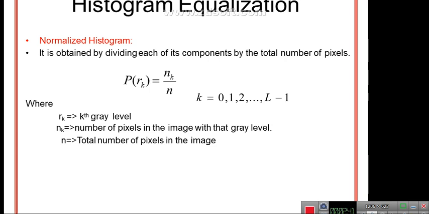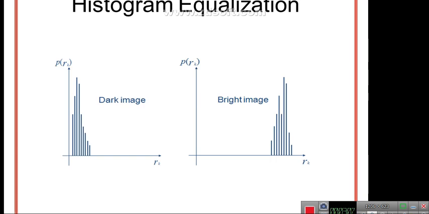The normalized histogram is obtained by dividing each of its components by the total number of pixels. Here r_k represents the kth gray level, n_k represents the number of pixels in the image with that gray level, and n represents the total number of pixels in the image. So p(r_k) = n_k / n.